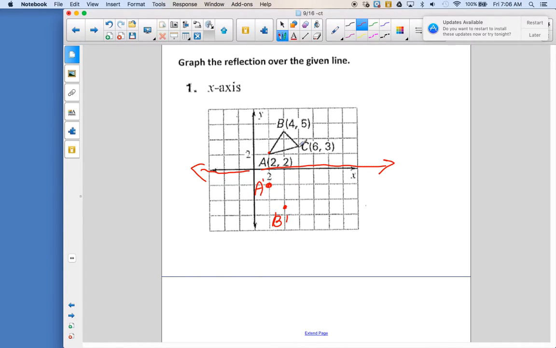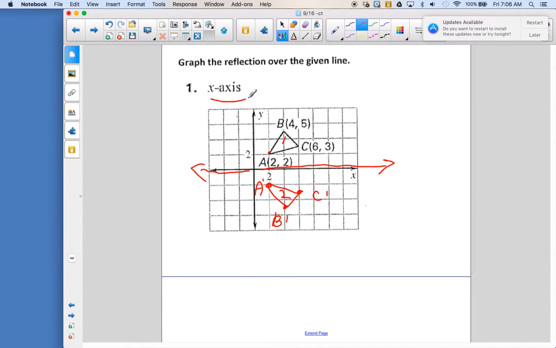C is 1.5 lines above this reflection line. So I'm going to go 1.5 lines below and put C prime. Now when I connect my points, A prime, B prime, and C prime, I should be able to see that if I fold it on this x-axis right here, this first figure, my pre-image, would end up right there.